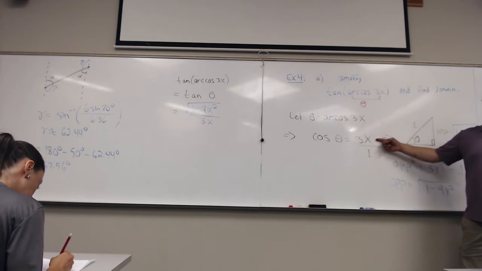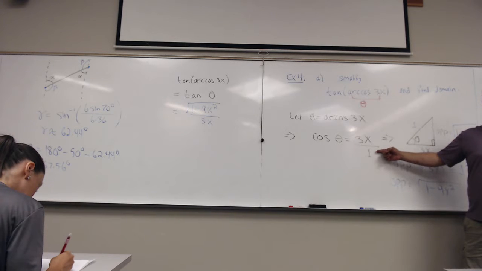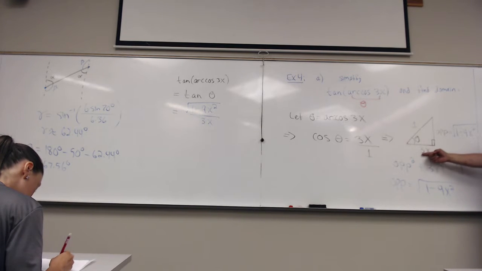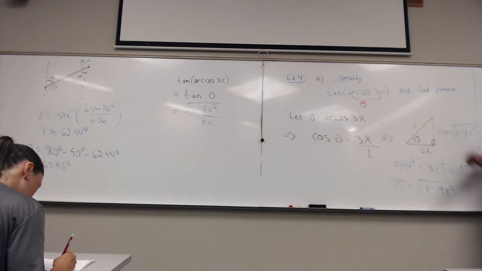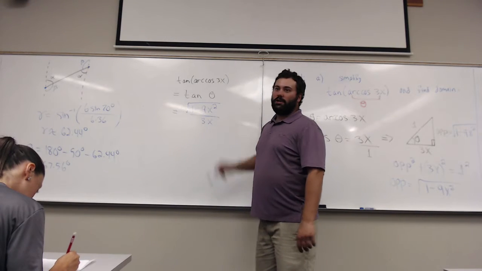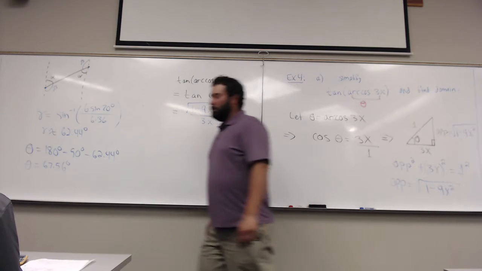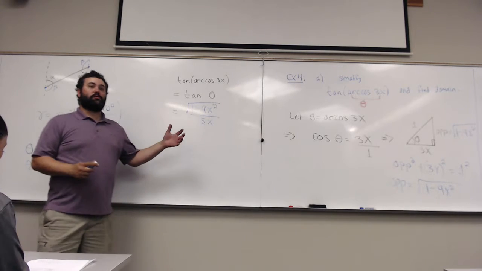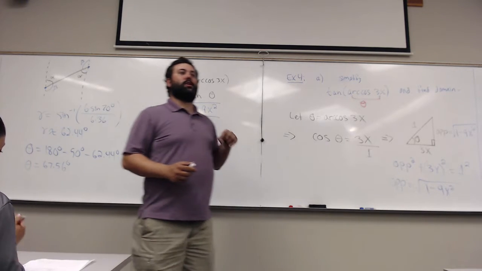If it's not already a fraction, just divide it by 1. Okay, so that allows me to label the adjacent side and hypotenuse. You can use the Pythagorean theorem to get the opposite side. And then finally, tangent of that angle theta will be opposite over adjacent. Okay. So that's how you can convert this trig function into a function from like pre-cal 1.